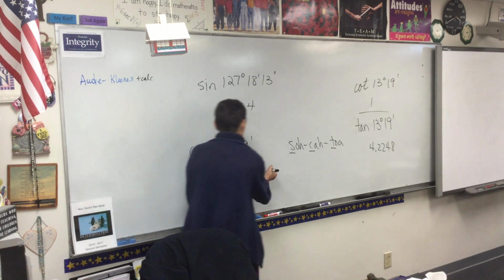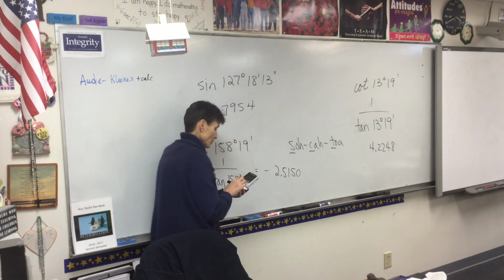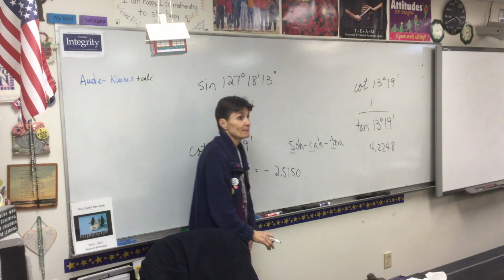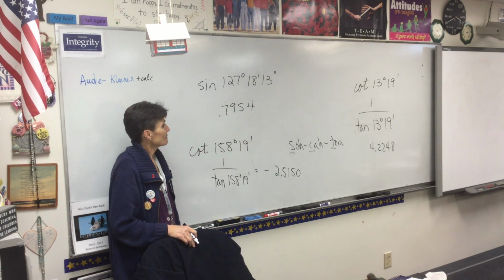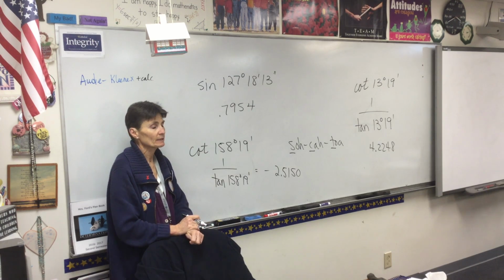And did you get negative 2.5150? Do not be alarmed. Sines and cosines and tangents and all of them can be negative.